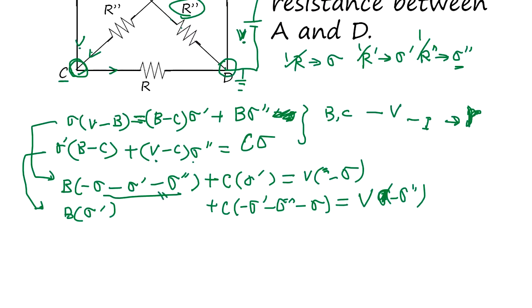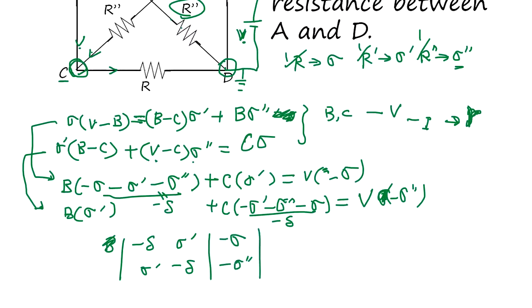We define this as delta, whatever. See, minus delta. We have minus delta here. Okay, so B times minus delta and sigma prime and sigma prime and minus delta minus sigma double prime. So Kronecker's format, right?